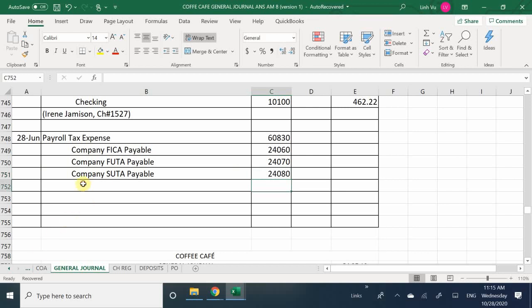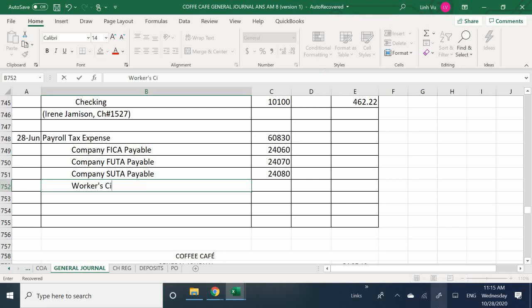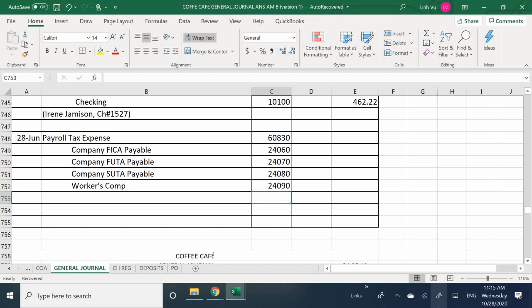And then lastly, we also calculated workers' comp. 24090. Okay.